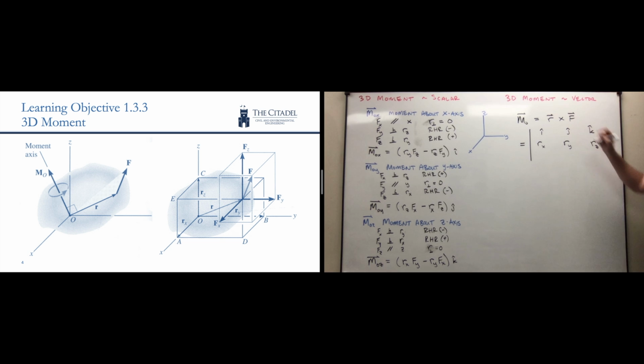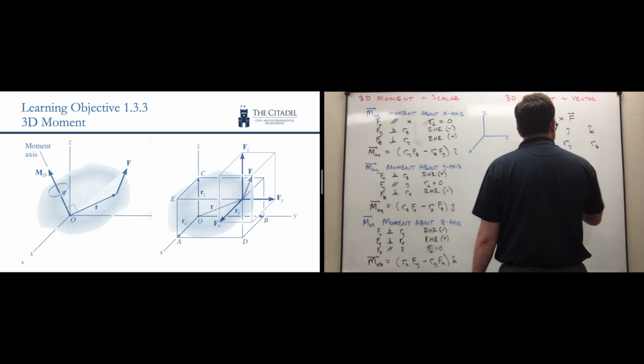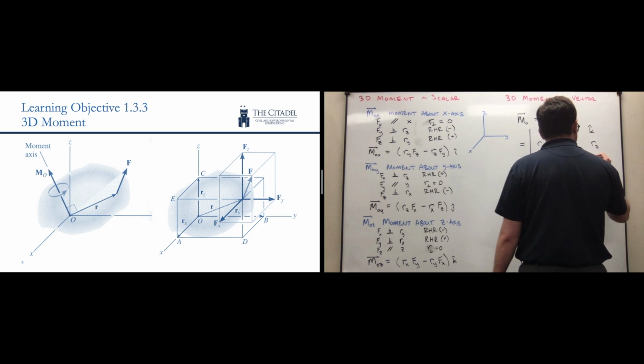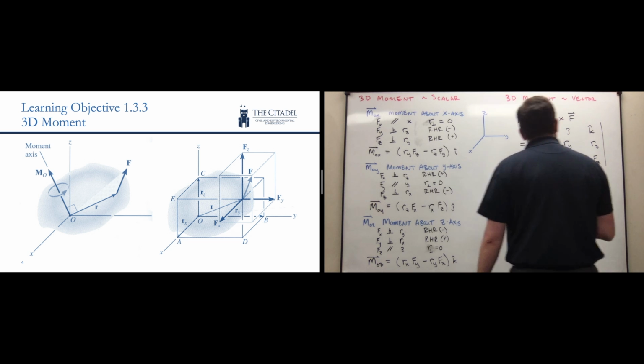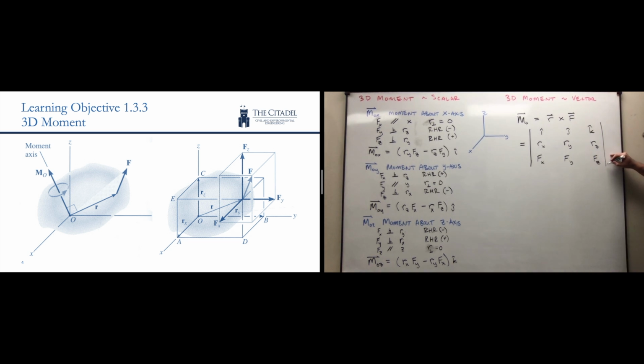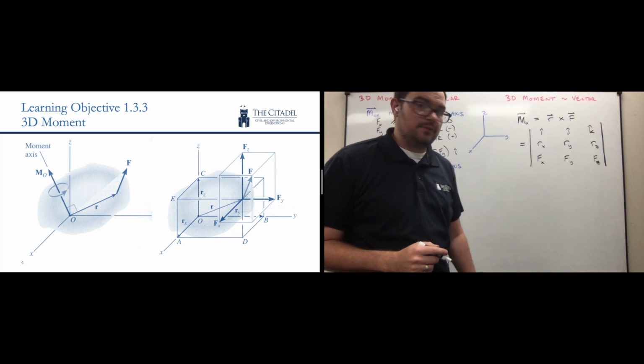And then my last row will be the last vector. So Fx, Fy, and Fz. Order does matter. If we flip the order, we get all of the signs wrong, 100% of the signs wrong. And if you flip the order, you lose some points on the next exam, which I don't want for you.